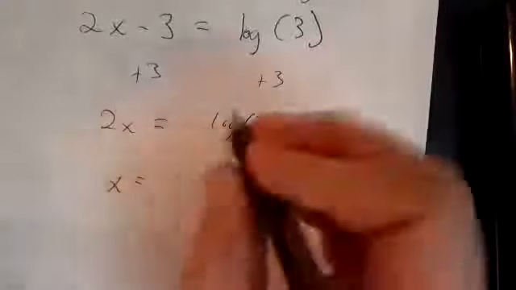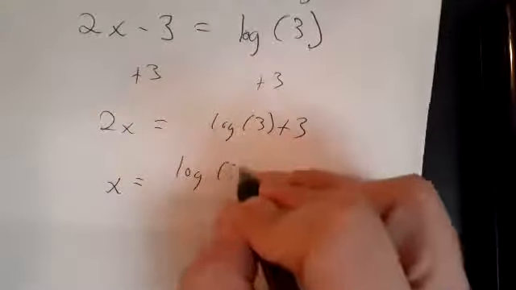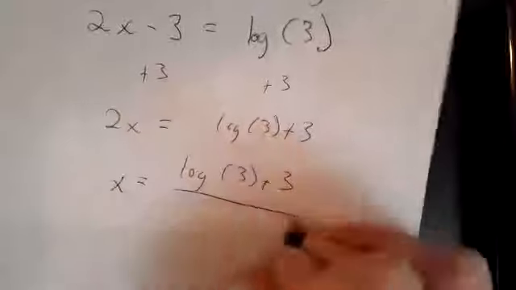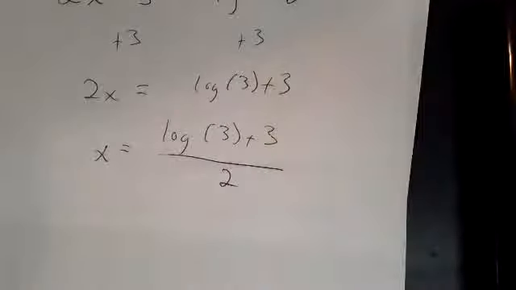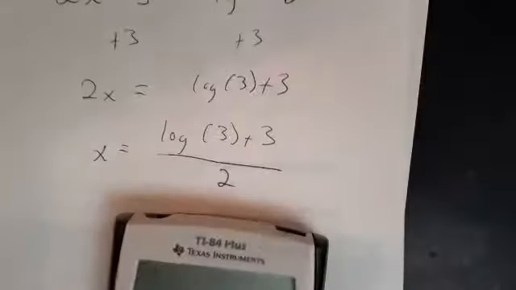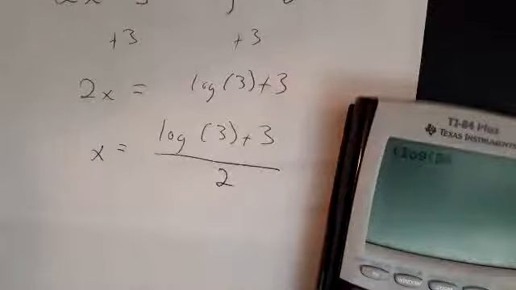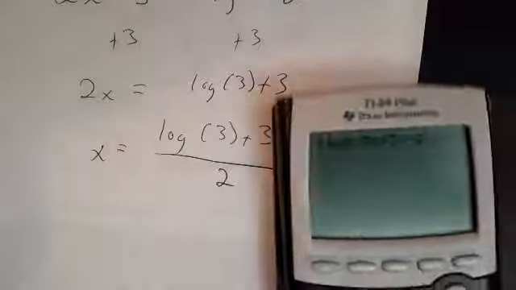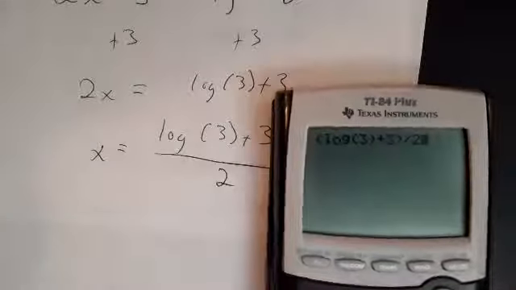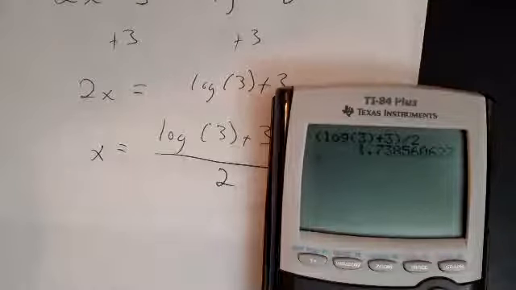So x is going to be, you could write them separately if you wanted to, but I'm just going to do them all as one thing. If I want an exact solution, that gives me an exact solution. If I want an approximation, then I have to run to my calculator, because I'm doing log of 3, and it's not going to be an even number.